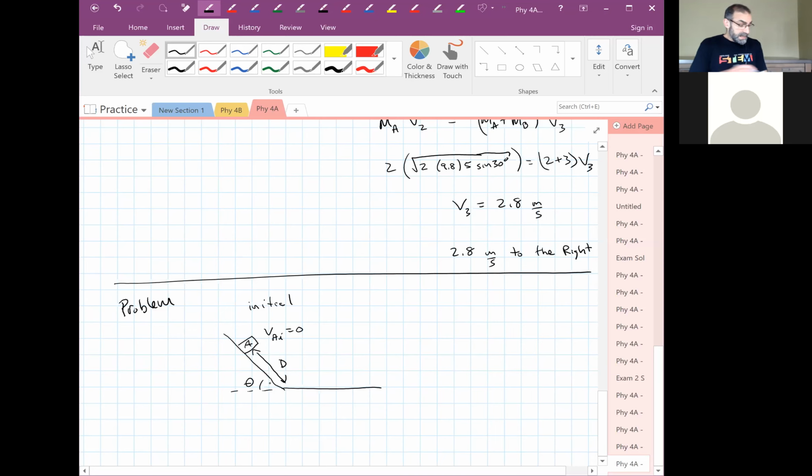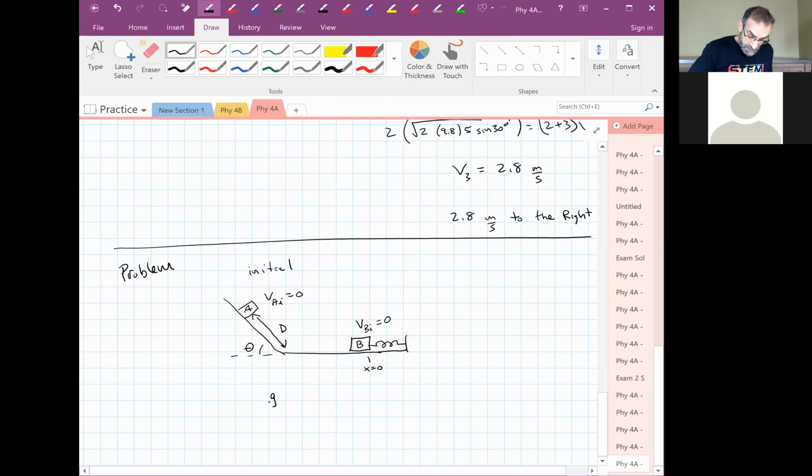And block B now, instead of just sitting there by itself, it's attached to a spring. The spring is at its equilibrium position. The box is just sitting there.